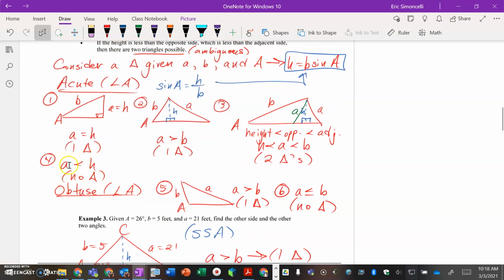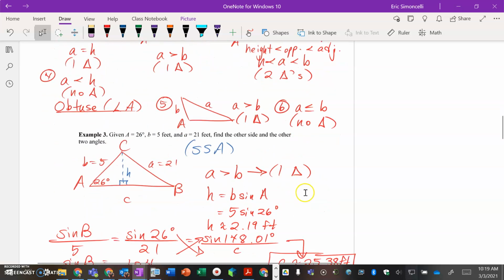When the side given, particularly the side that's opposite the given angle, is less than the height, and again I denoted that the height is B sine A generically speaking, but it could be C sine B, it could be A sine B. So if those two are different variables, one of which is not the opposite of the other, B is not opposite A, is less than H. In other words, the side that is given as opposite the given angle is less than the height. So you cannot draw a triangle given this situation.